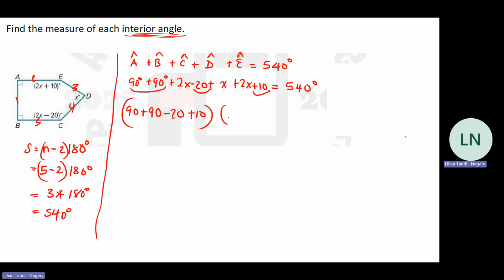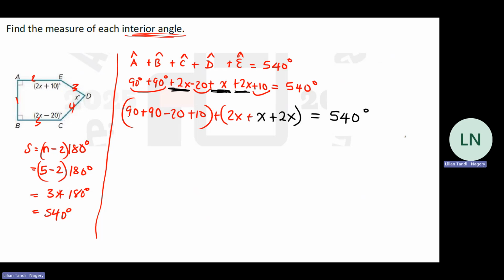Then here I put my x's, plus 2x plus 2x plus x. There's an x in the middle. Okay, let me show you with a different color. So I have this x, positive x, positive 2x, and here positive 2x. So here plus x plus 2x. And then all this should equal 540.